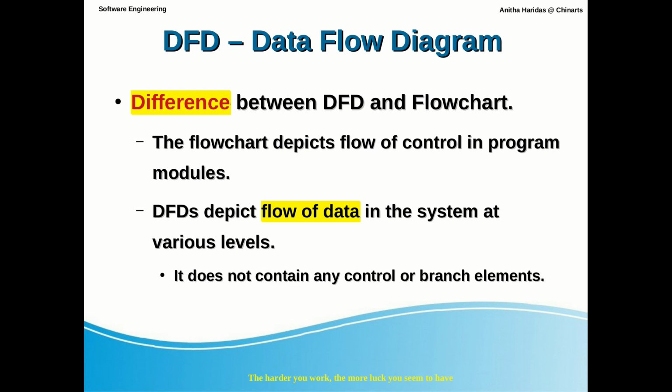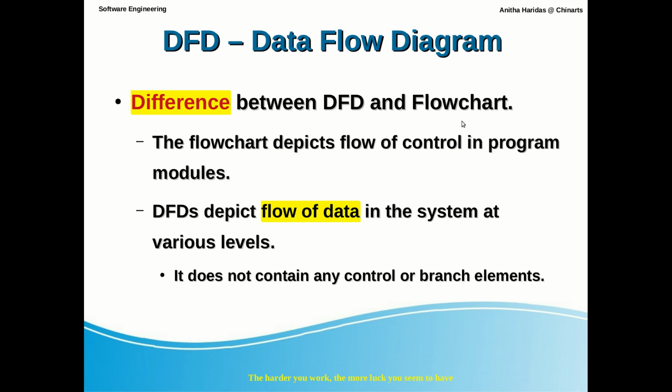Whereas a data flow diagram depicts how the data flows in the system at different levels, and it will not contain any control or branching elements. Your flow chart will depict the flow of execution control in the program module. So a data flow diagram should not be confused with the flow chart.